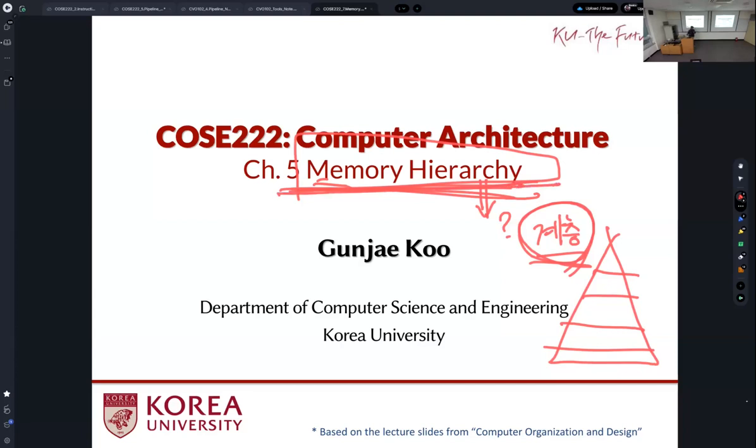So it's very important in the computer system. It's really important in the modern computer system because modern applications handle large amounts of data. Think like ChatGPT. The parameter size of ChatGPT is in the billions.